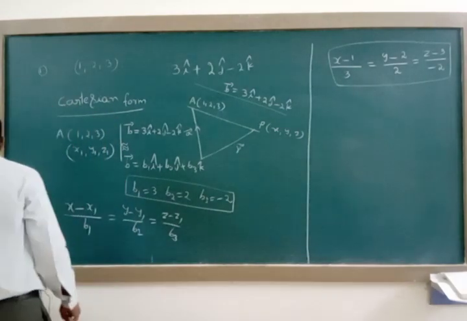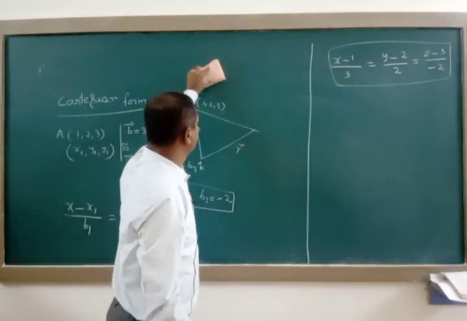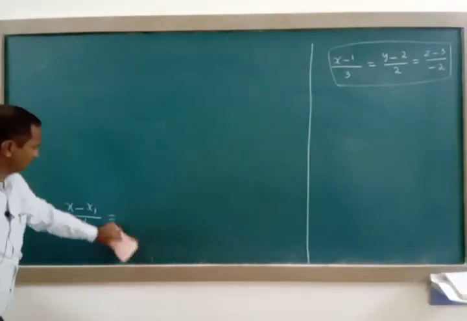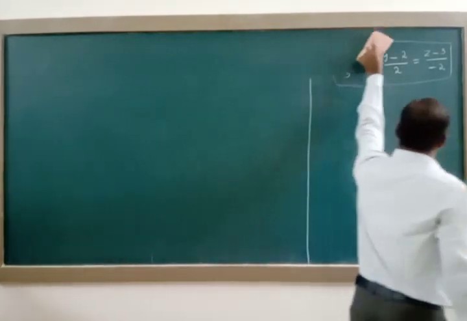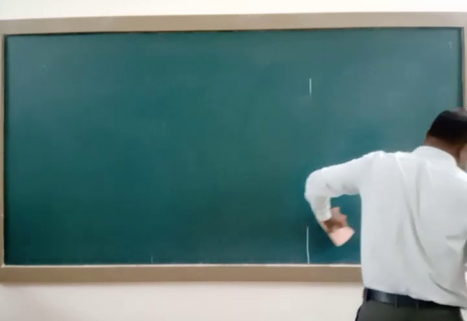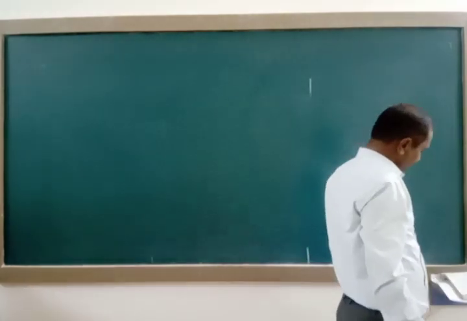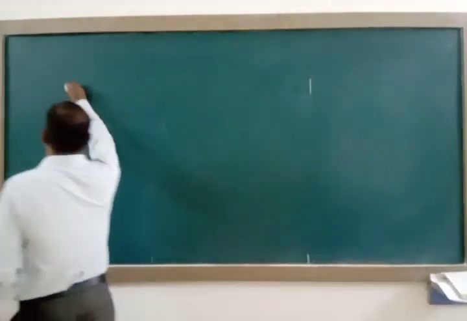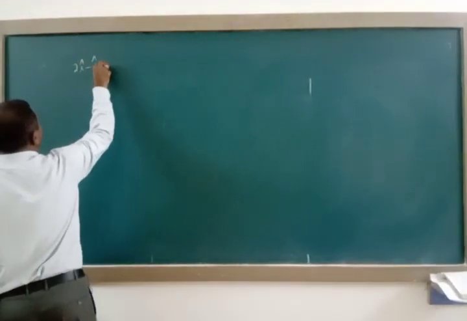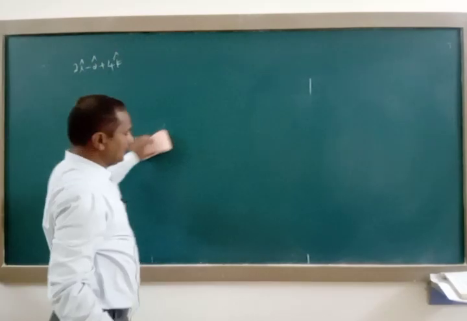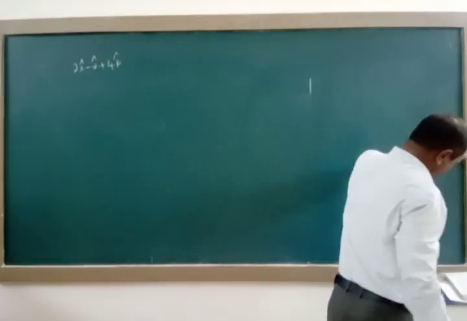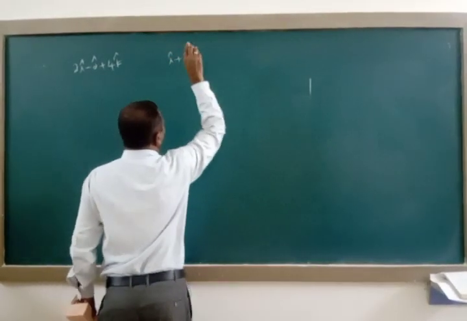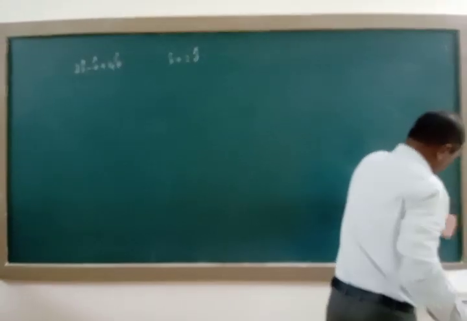Next question: find the equation of the line in vector and Cartesian forms passing through the point of position vector 2i cap minus j cap plus 4k cap and in the direction of i cap plus 2j cap minus k cap.